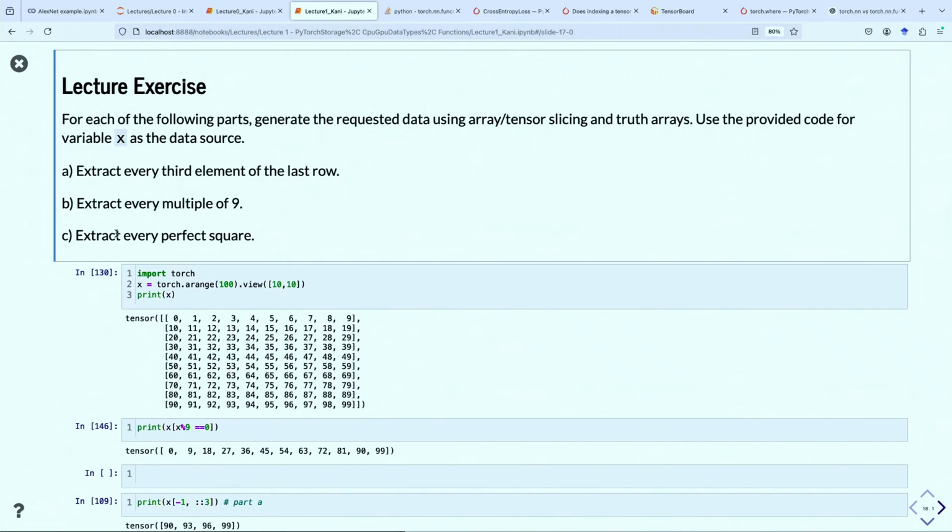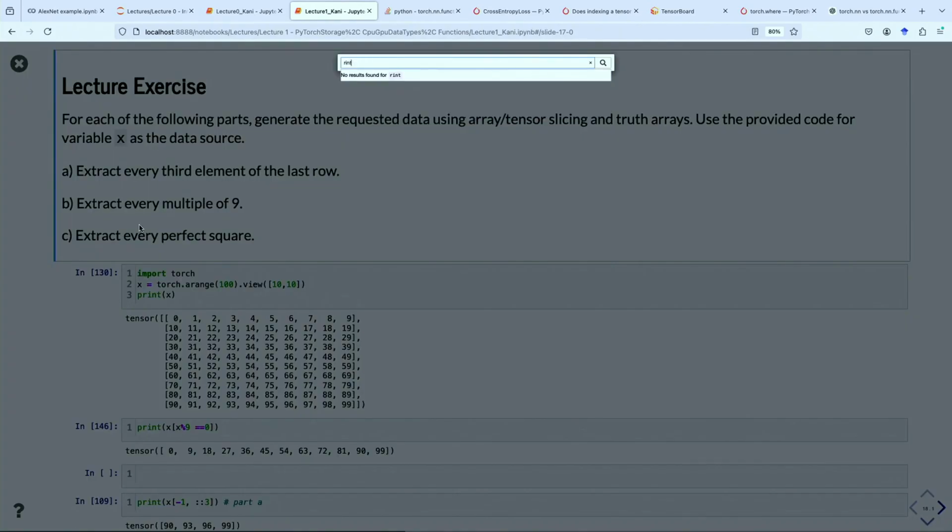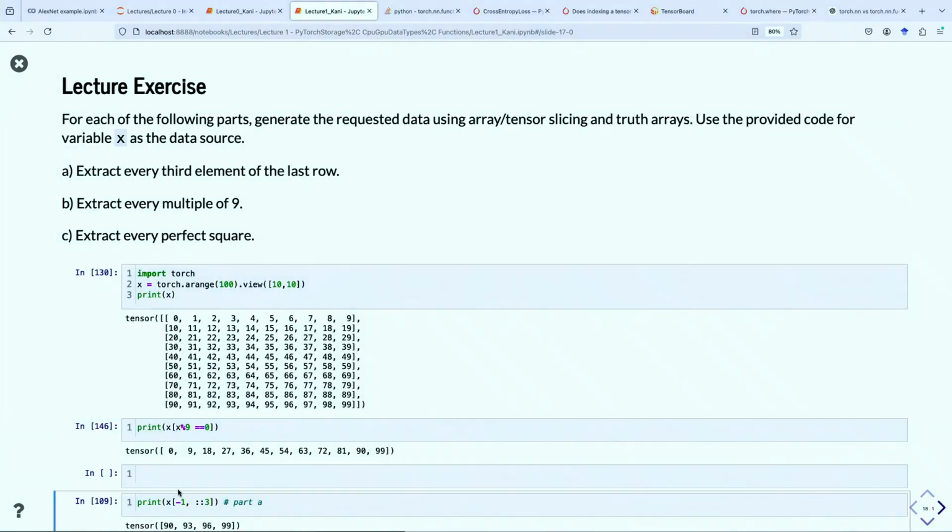Last one. Extract every perfect square. Print x. Let's do that formatting. Extract every perfect square.